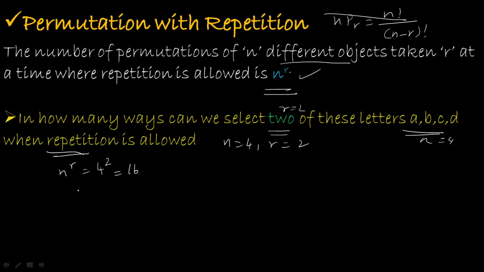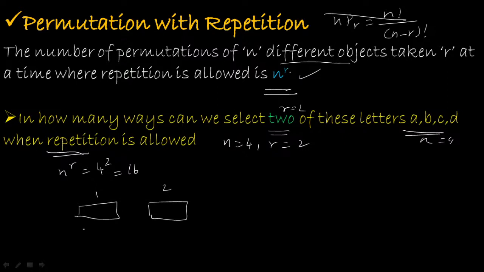Or otherwise, I have to explain this more clearly. You have to select only 2 letters. For the first letter and second letter, we have to choose from the letters.